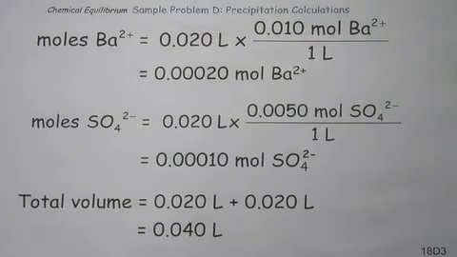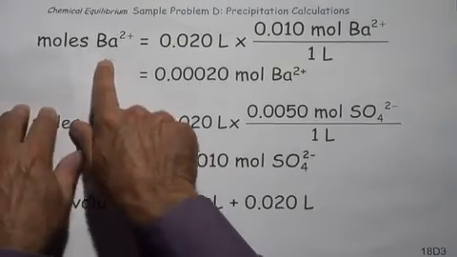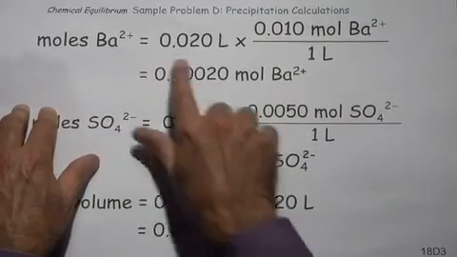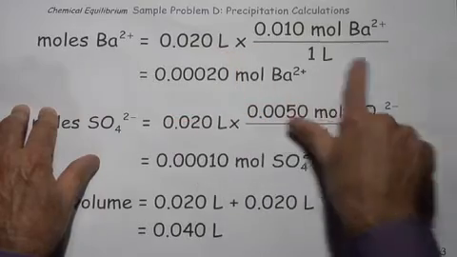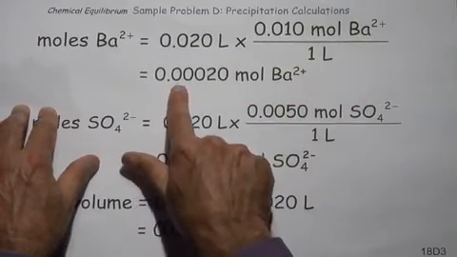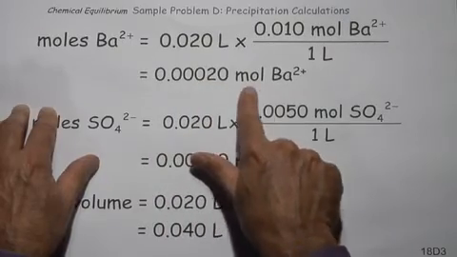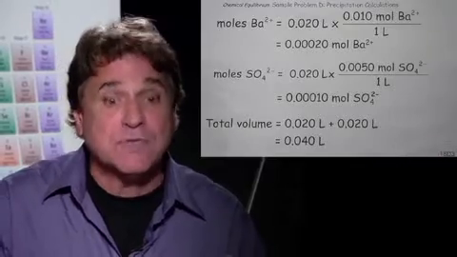Okay, let's continue. Let's determine the concentration of these ions. First, we'll start with barium right here. The moles of barium are equal to the volume of barium, 0.020 liters, times its concentration, which we were given. And that comes out to 0.00020 moles of barium. Easy. We've got moles of barium. Now let's find the moles of sulfate.